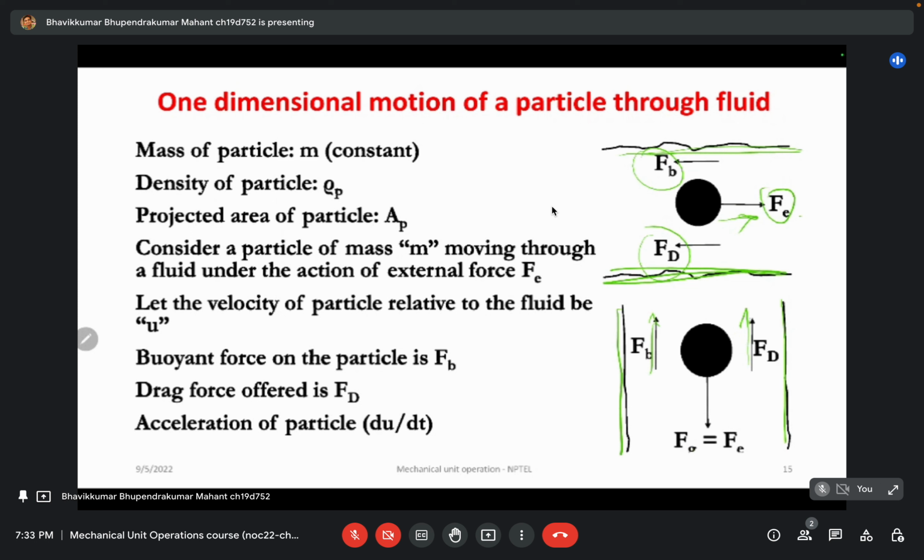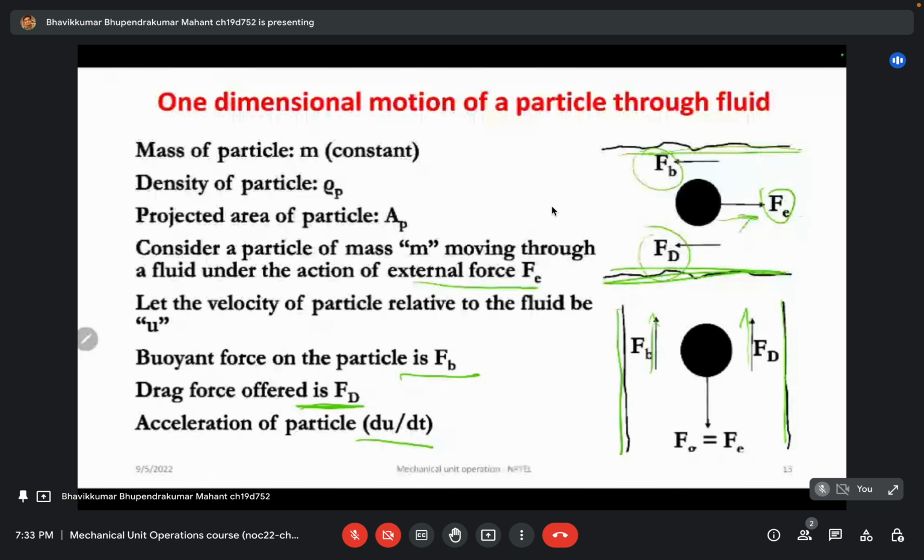So consider a particle of mass m moving through a fluid under the action of the external force Fe. Let the velocity of the particle relative to the fluid be u. These are some assumptions or considerations for the equation. Derivation of the equation: the buoyant force on the particle is considered as Fb, the drag force is considered as Fd, and the acceleration of the particle is du by dt.